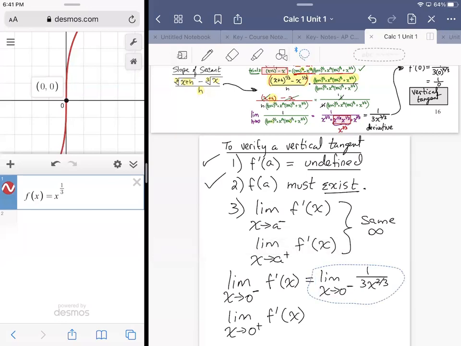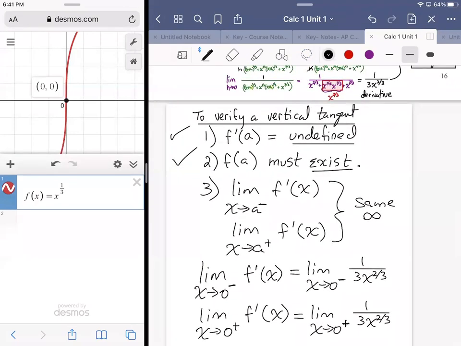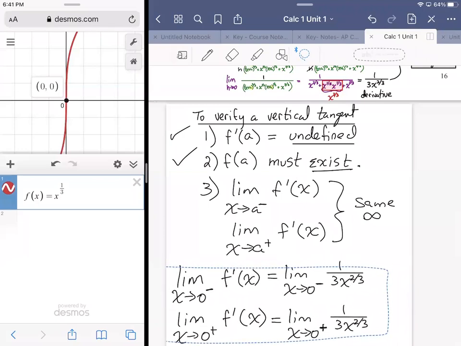Oops, I want the equal sign too, but with a plus sign after the 0. And you will end up using a calculator to support your work. But the idea is that you should be able to come up with some kind of infinity. And if you want to, sneak a look at the calculator to get an idea of what's going on, that's fine too.